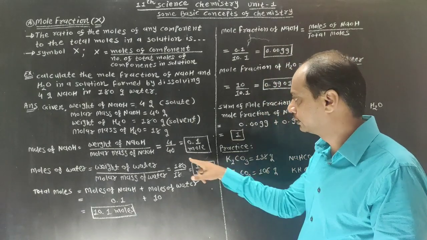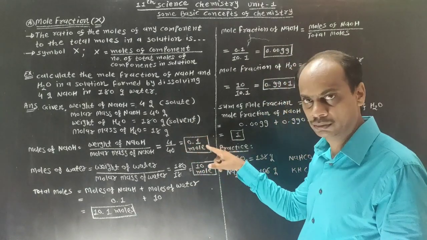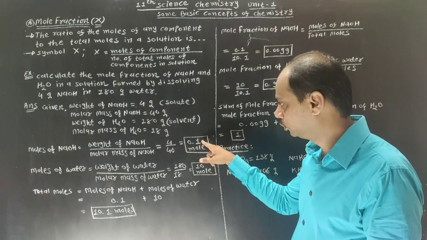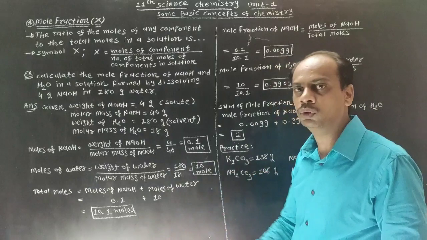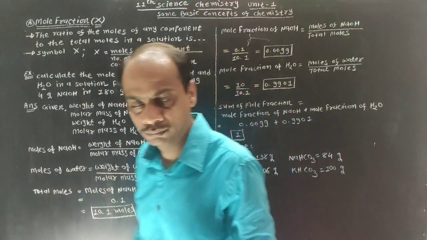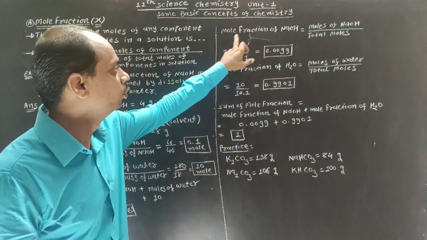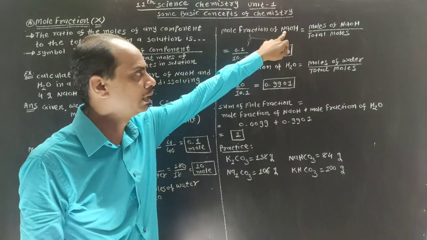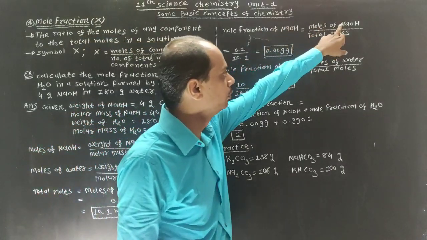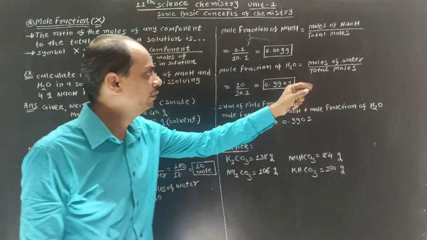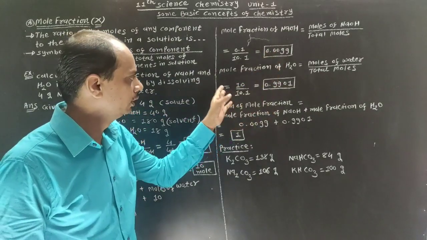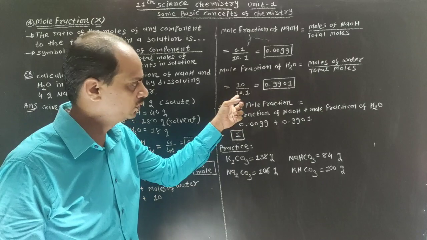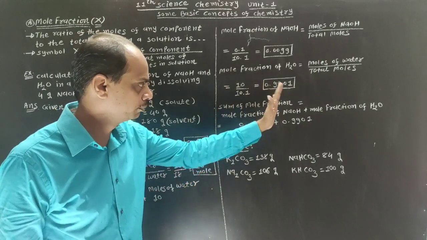So your answer is going to change over here. Then put this answer here and make the total moles. Then the mole fraction of potassium carbonate; the factor is going to change, and make a sum.